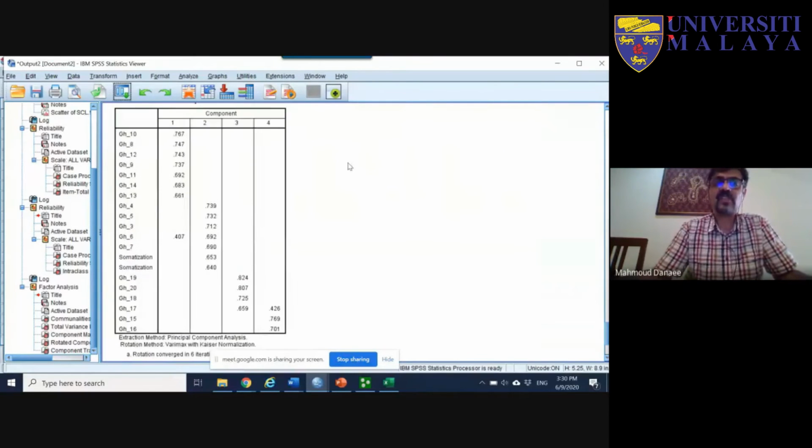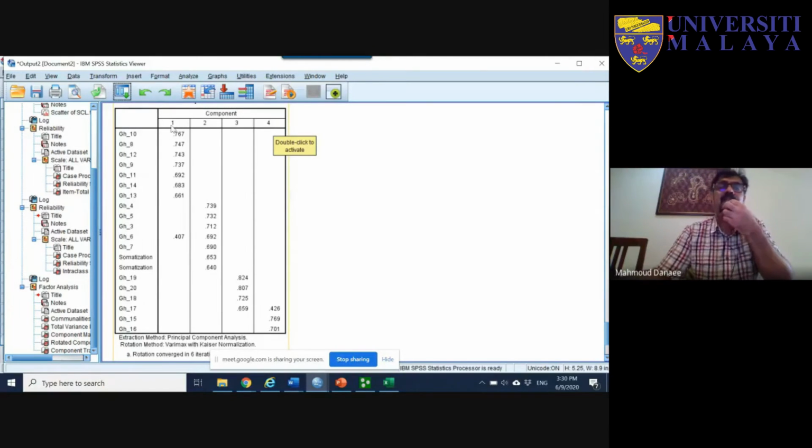Let's jump to this table. As you can see here, items number 10, 8, 12, 9, 11, 14, 13 all came together under the first component. Items 4, 5, 3, 6, 7, 1, 2 all came to the same component. As you can see here, the factor analysis grouped, classified 20 items into 4 components, correct?